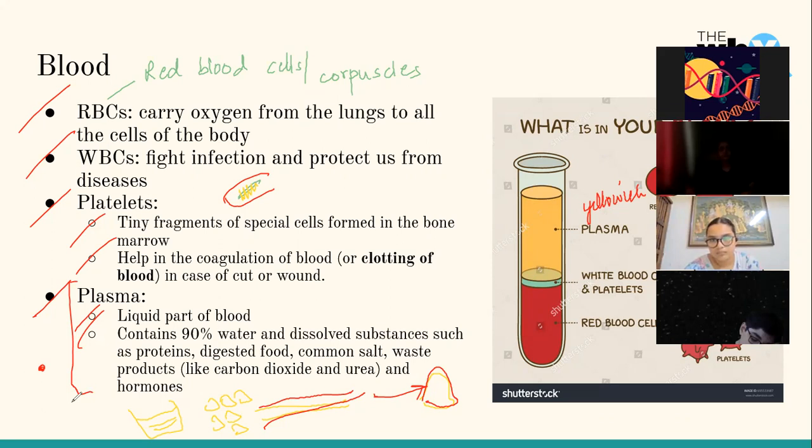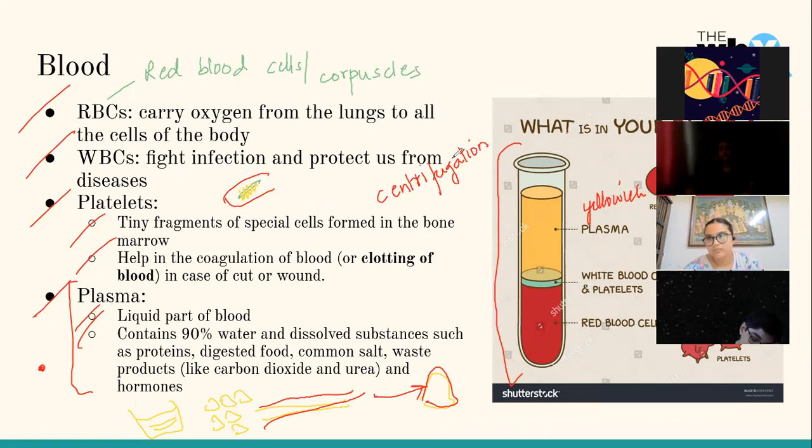How did they get this diagram? You perform a process called centrifugation. What they do is take some amount of blood in a small test tube and spin it, like you spin clothes in the washing machine.